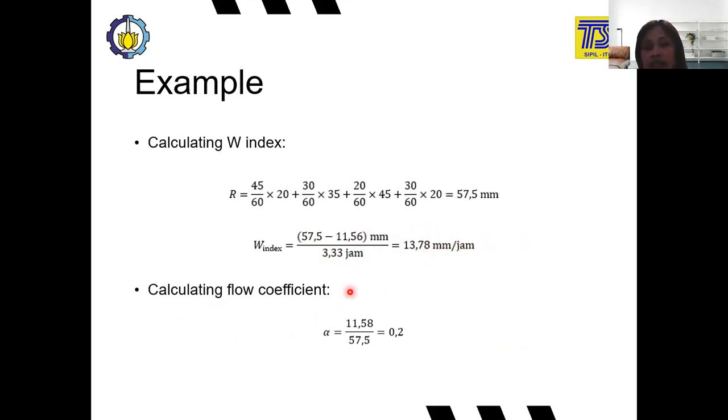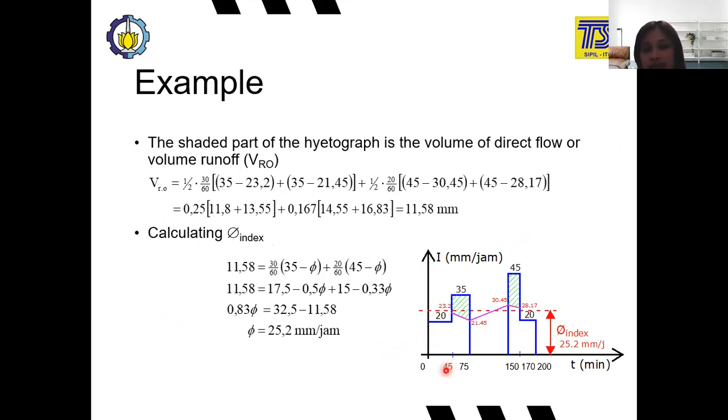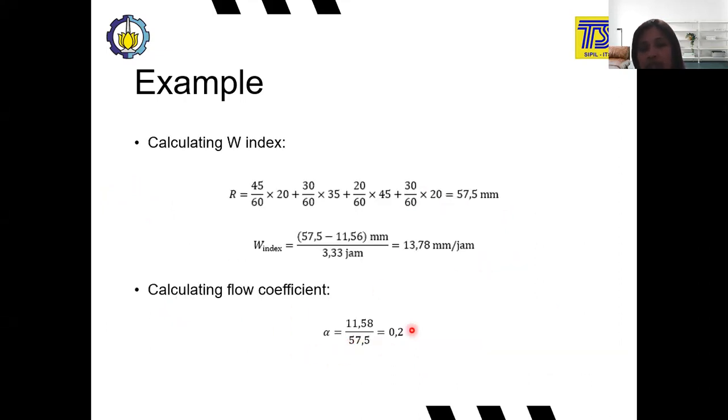And then we can also calculate the flow coefficient by using the ratio of rainfall effective, here the volume runoff, divided by the total of the rainfall, and it is equal to 0.2, which means 20% of the rainfall is flowing above the surface, and 80% of it infiltrates into the ground.